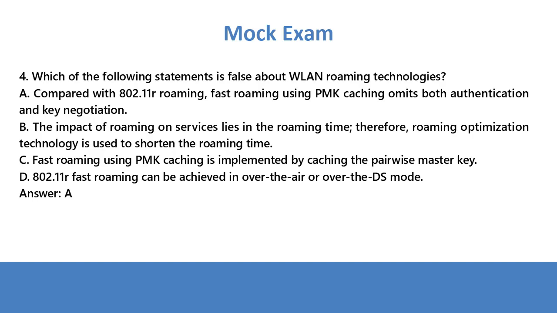Therefore, roaming optimization technology is used to shorten the roaming time. C. Fast roaming using PMK caching is implemented by caching the pairwise master key. D. 802.11r fast roaming can be achieved in over-the-air or over-the-DS mode. Answer: A.